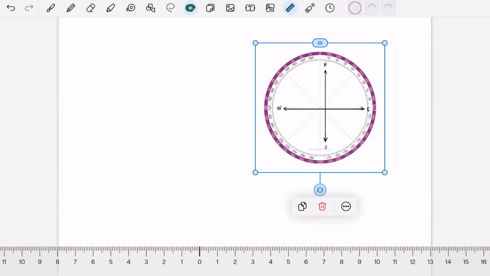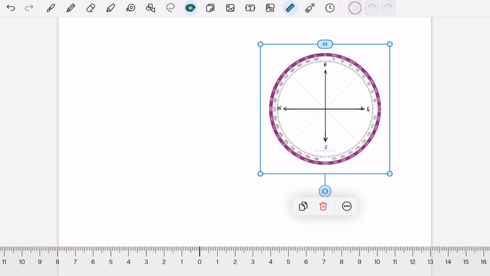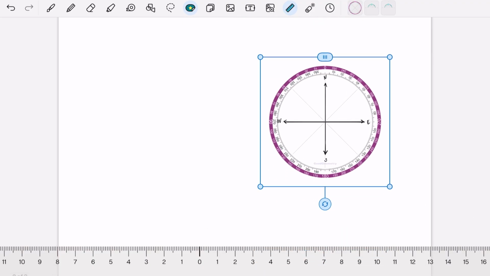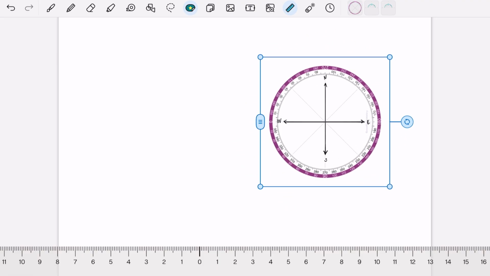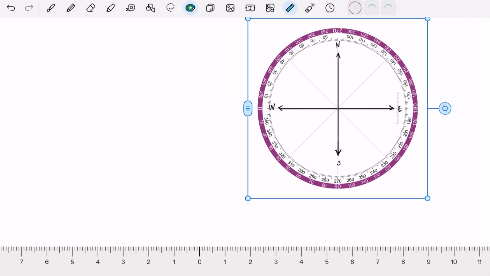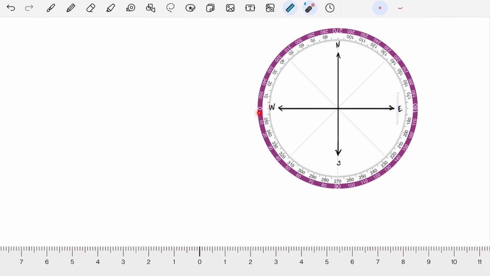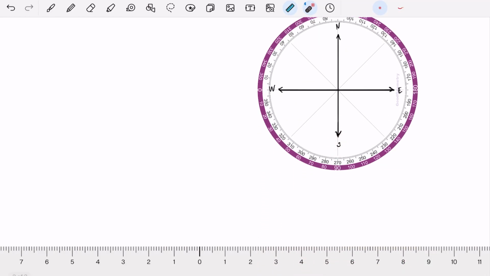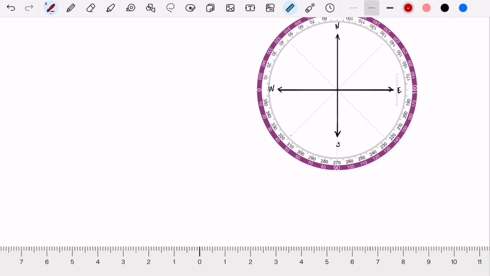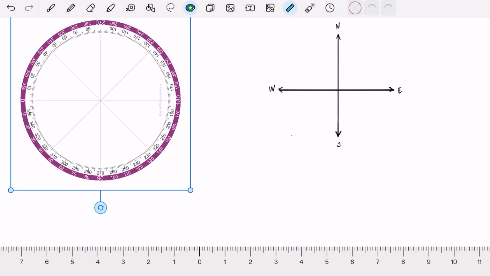The direction again is south of west, so west should have the 0 degrees, so I will reorient my protractor like this, such that 0 degrees is now on the west, and I'm going to move south, and south is here, so the angle should go towards this direction. I'm going to use red for the first vector, and 45 degrees is somewhere over here, and so that is where 45 degrees is.